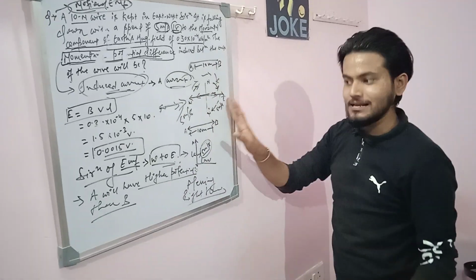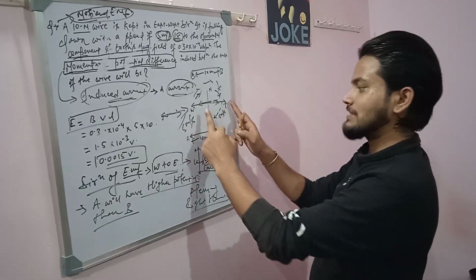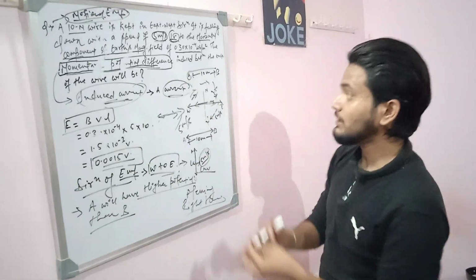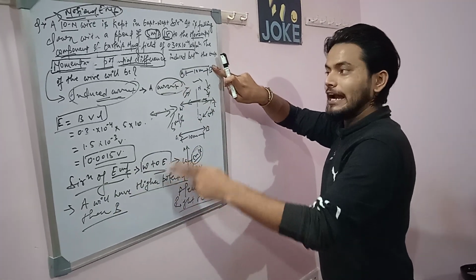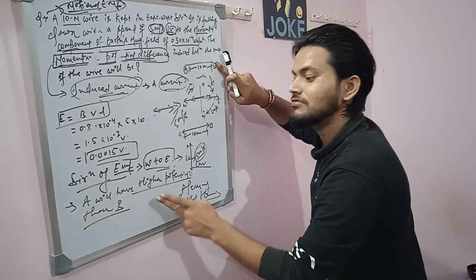Suppose similarly they ask you about the same wire, the wire AB. If they ask which end of the wire will have higher potential, what will you say? A will have the higher potential. How?